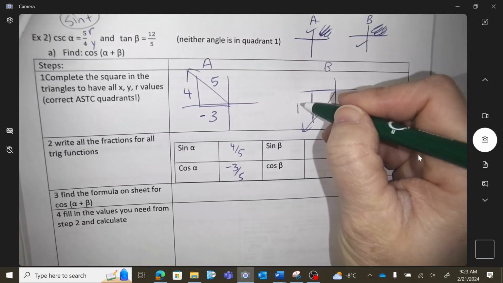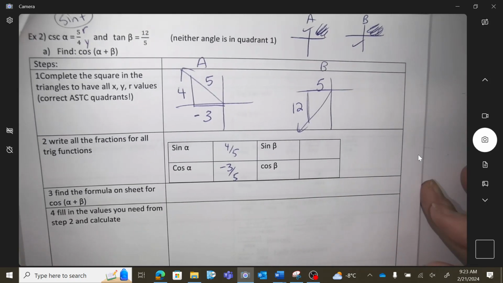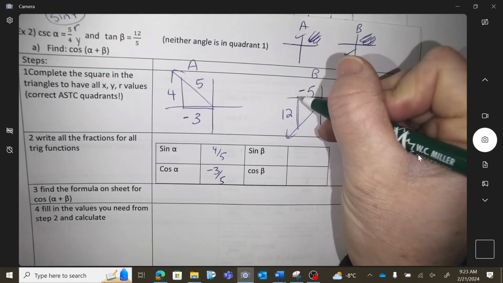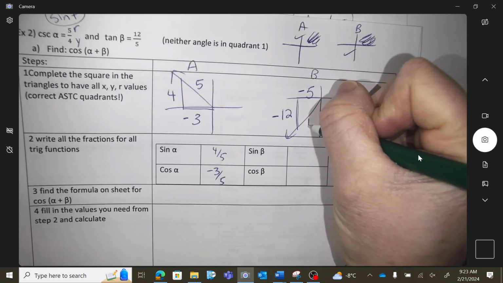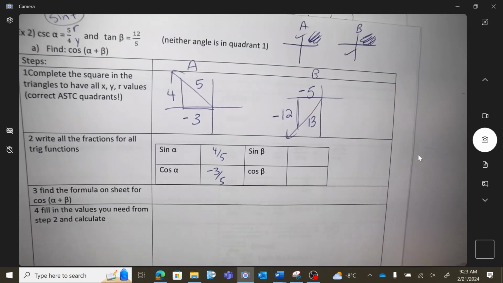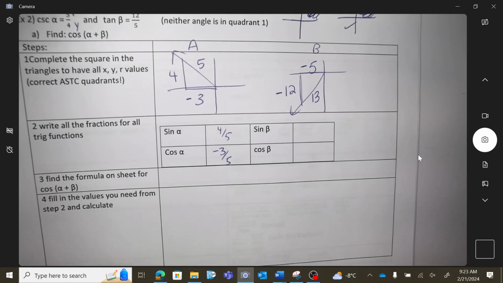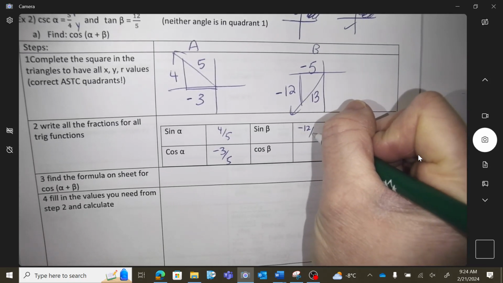Thank you, excellent. You know what? These are both negative. Would you have caught that? 13 is that one. So give me your chart. Negative 12/13.